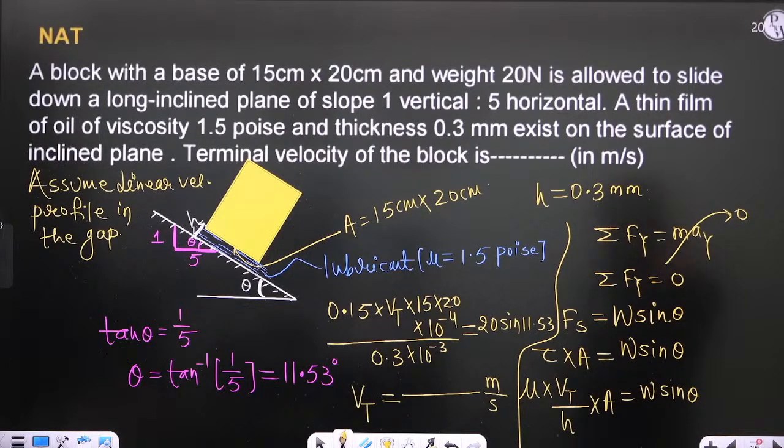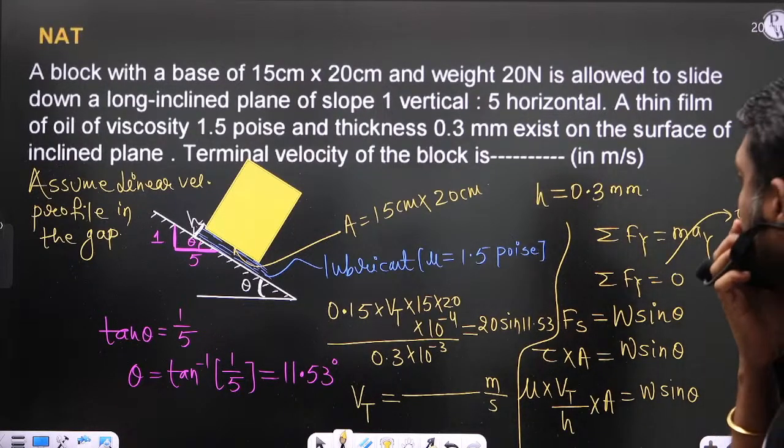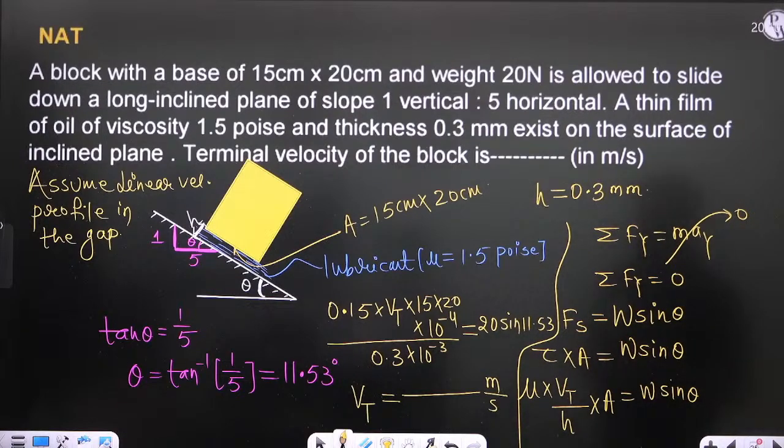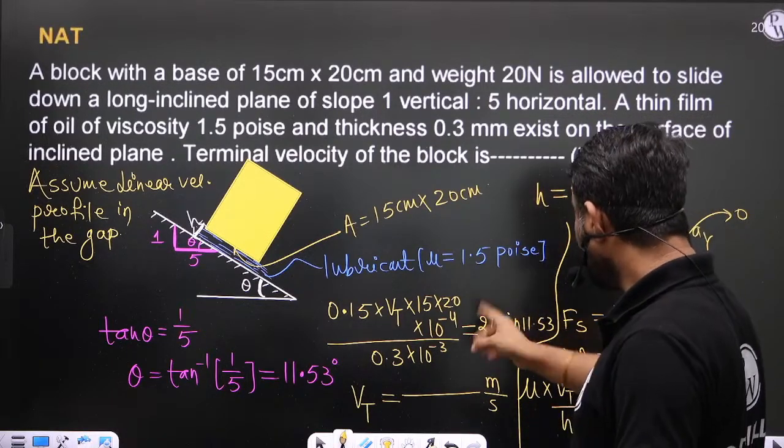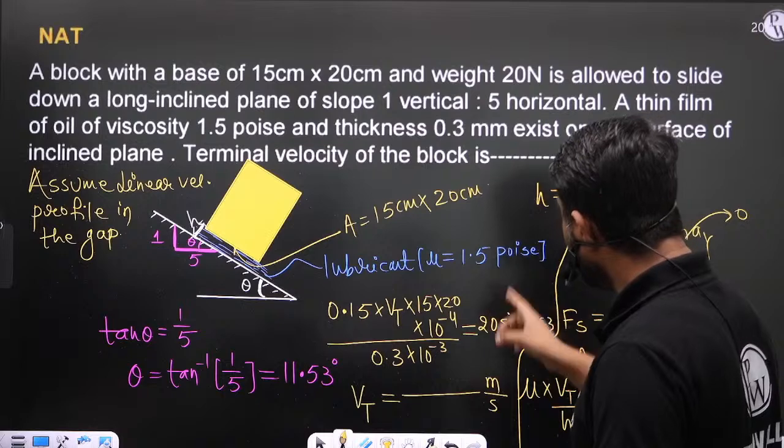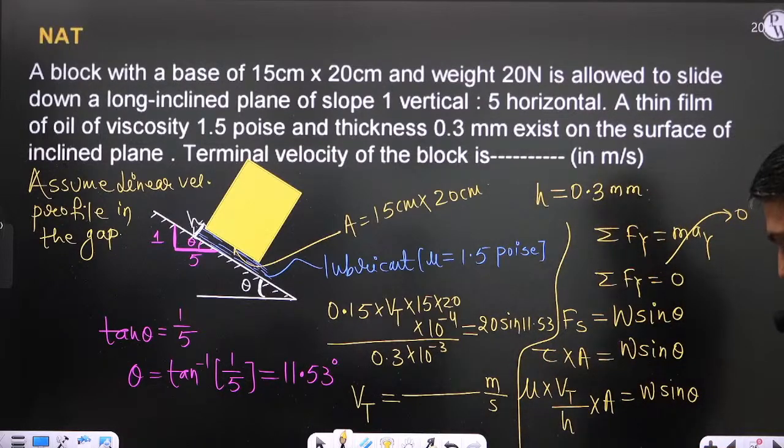Because that Vt value comes very, very large, I think. 20 sine, just 1 minute, 20 sine 11.53 into 0.3 into 10 to the power minus 3. So 10 to the power minus 3 and 10 to the power minus 3 cancel out into 10.